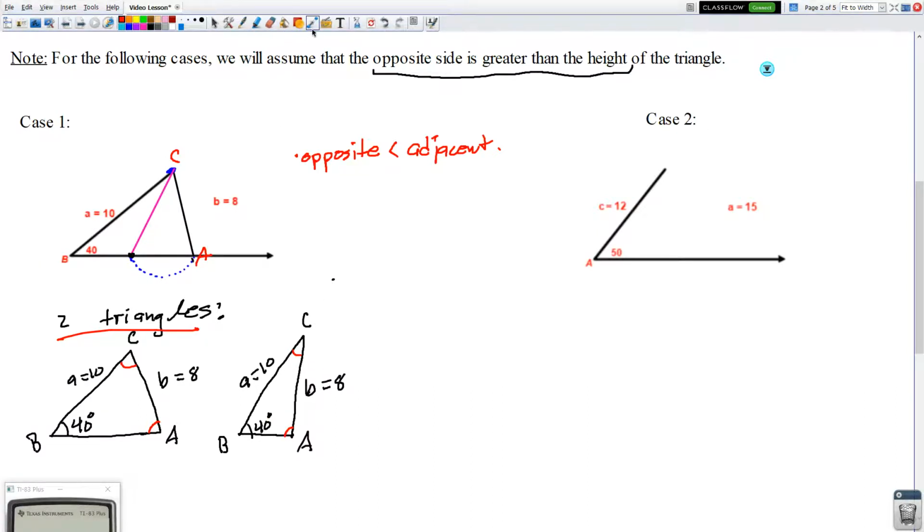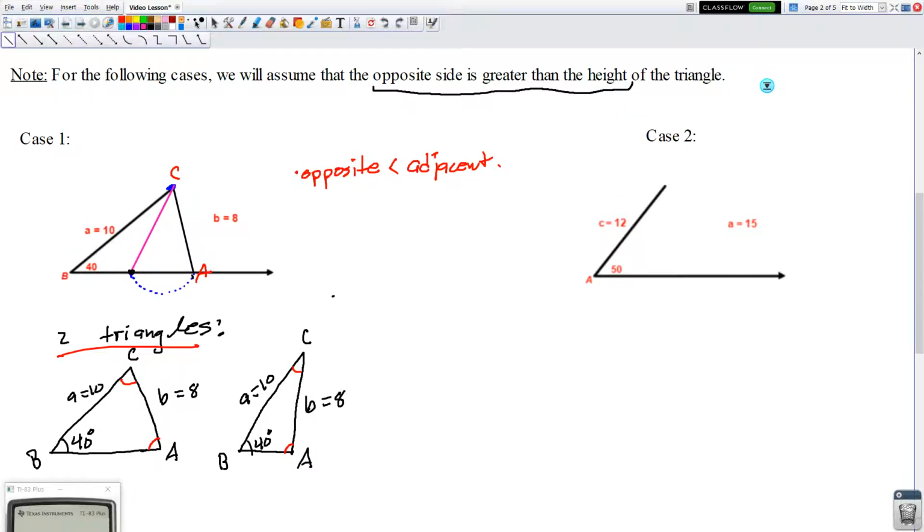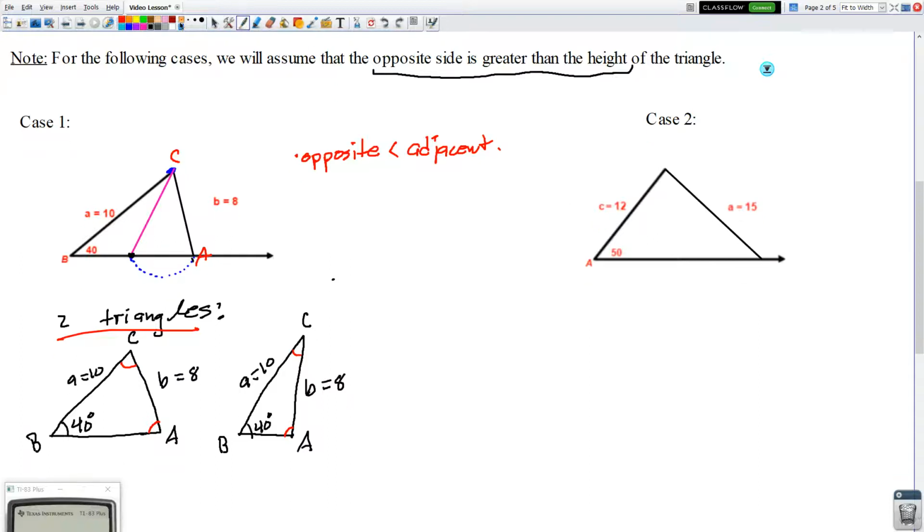Now, what happens in our second case? Let's just make our triangle here. Under our second case, we can see that the adjacent, which in this case is 12, is less than the opposite.